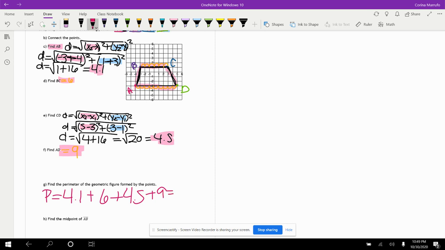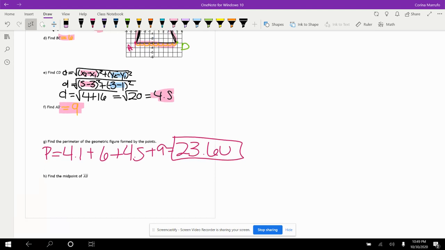So when we add all those together, that gives us 23.6. And we don't know what our units are, so we're just going to put U for units.